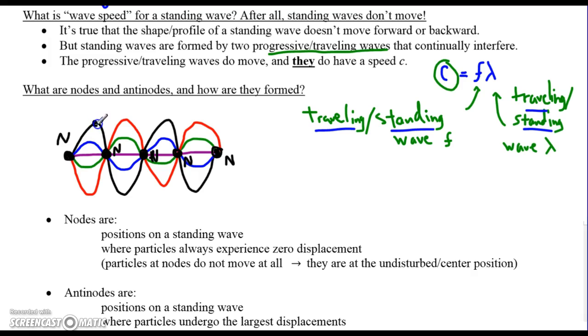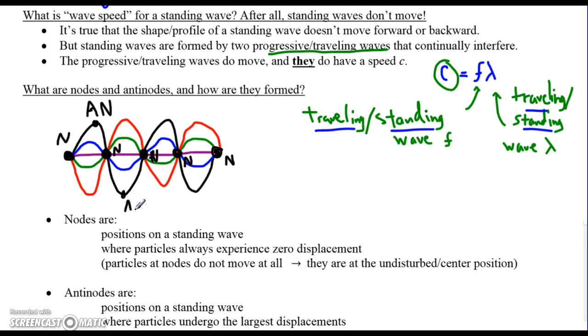And then there are other locations that always get to the highest point. Right here. That's a spot on the string called an antinode because it always gets to the maximum displacement. That's the highest that the standing wave ever gets. And here's another spot on the string, another antinode, another particle that is going really far down and then subsequently going really far up. It reaches the maximum displacement of all particles.